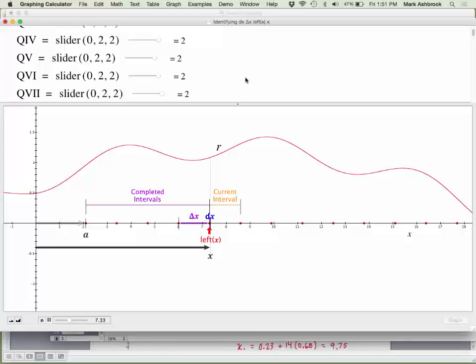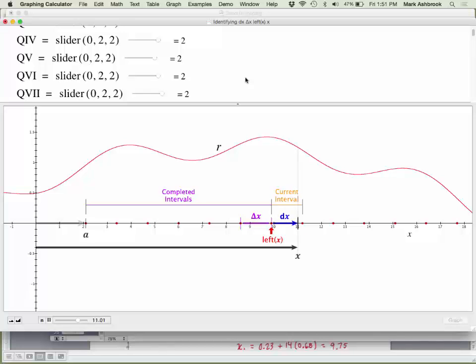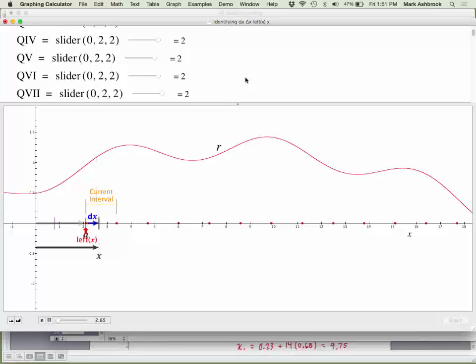The number of completed intervals. Could we represent that as j? No, so j is a changing value. It takes on j equals 1, j equals 2, j equals 3, j equals 4. So j is not the number of completed intervals. We'll do that today. j is the interval number, and it takes on every one.